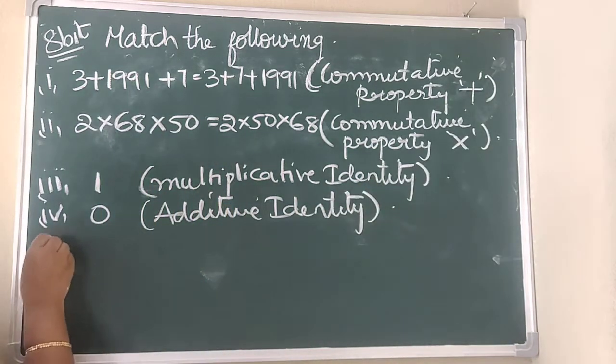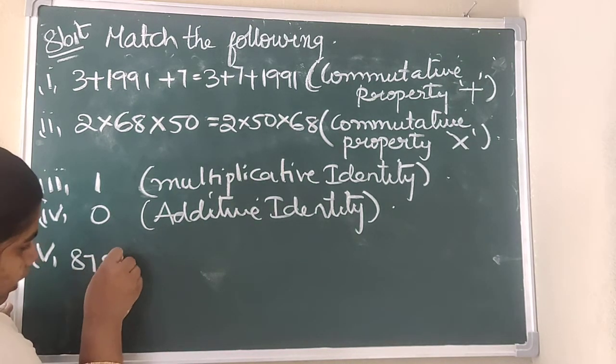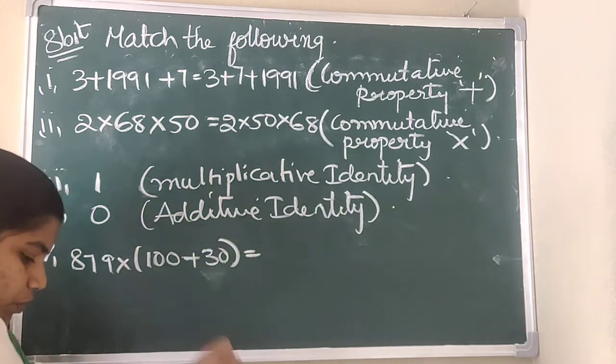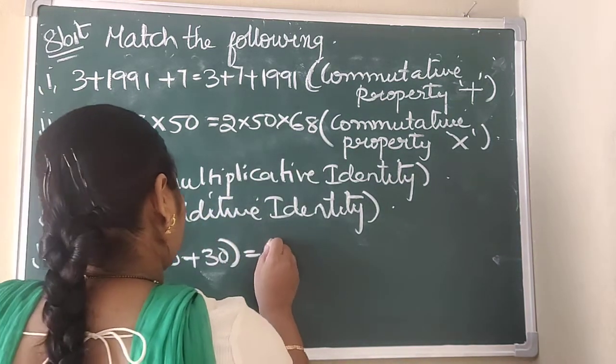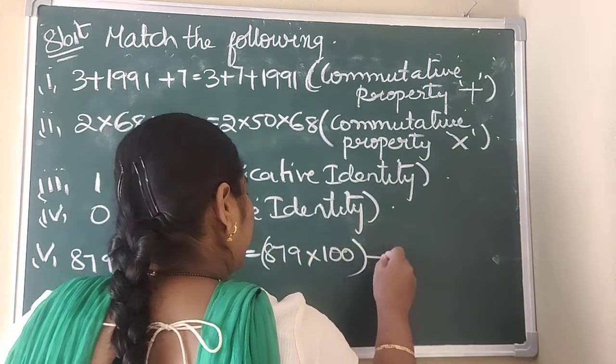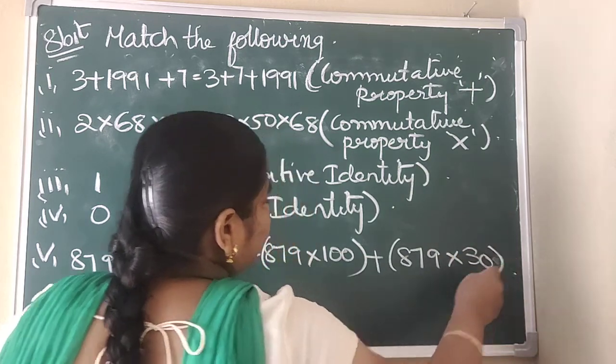And the last one, the fifth one, 879 into 100 plus 30 is equal to 879 into 100 plus 879 into 30. Which property is this?